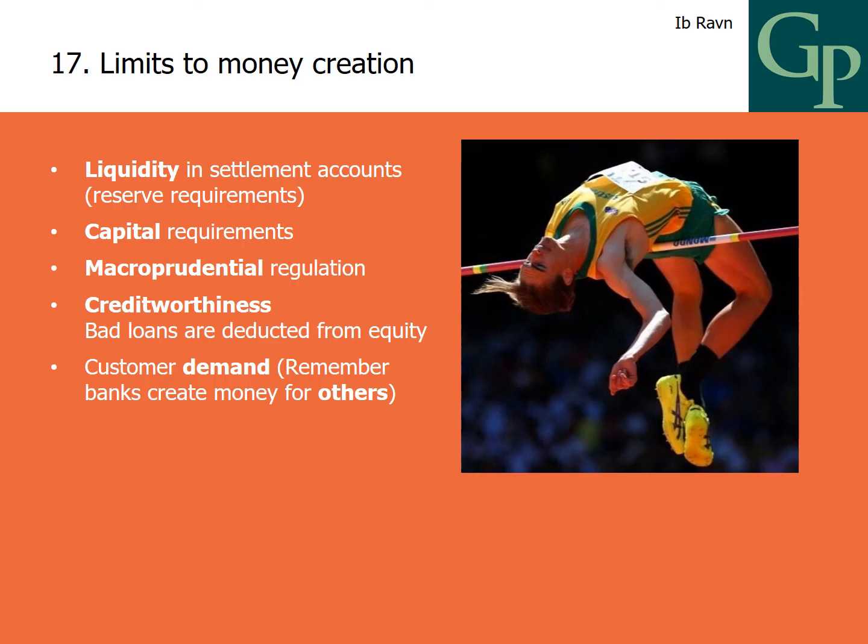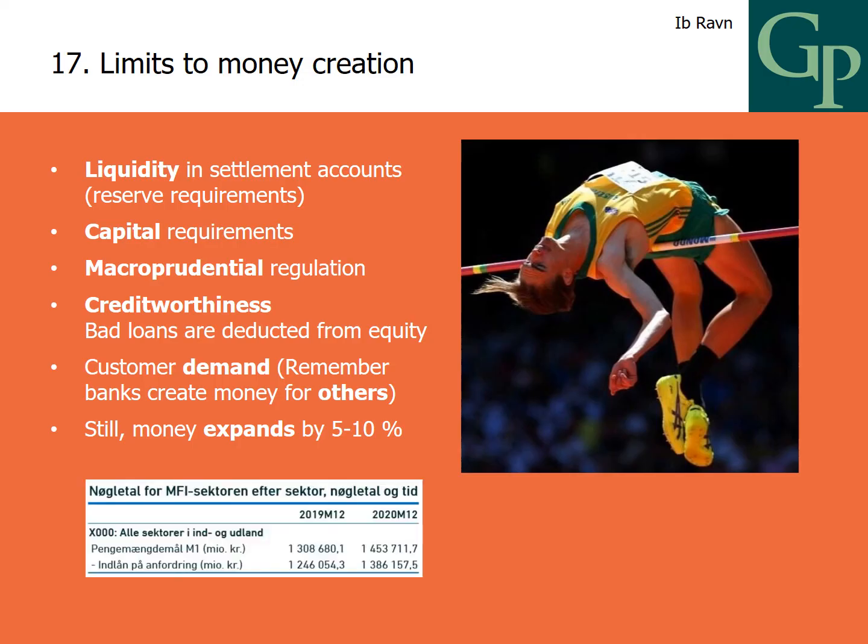Despite these and many other limitations on the creation of money by banks, the money supply in most countries expands by several percent, maybe 5 or 10% annually. In Denmark, the expansion was 140 billion kroner in 2020, about 10%, as is shown in the bottom row of this table.